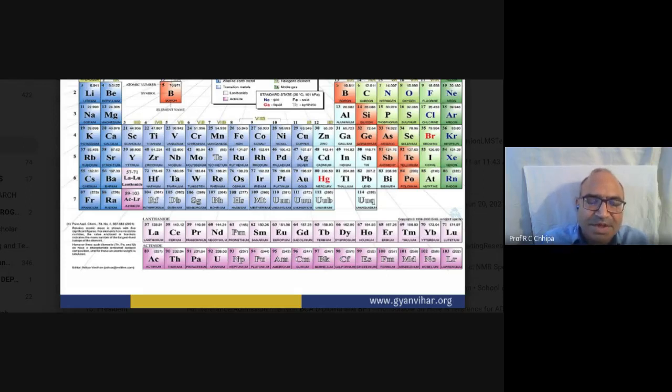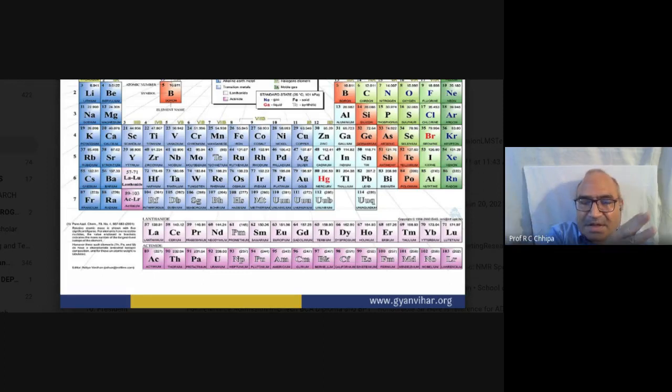When we look at the periodic table, on the left side are the alkali metals, group 1. In group 1, there is one outermost electron, so for the octet rule it can lose one electron. So those are the electropositive elements, and electropositive elements are on the left side.